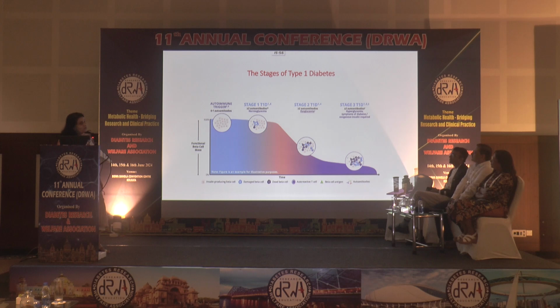Stage 2, there may be 2 or even more autoantibodies, and now the patient has dysglycemia, which is actually impaired glucose tolerance in type 2. So the fasting is 110 to 126, and the postprandials are between 140 to 200. Now stage 3, which is frank type 1 diabetes, is more than 2 autoantibodies, and now the patient is hyperglycemic, has symptoms of diabetes, and exogenous insulin is required.